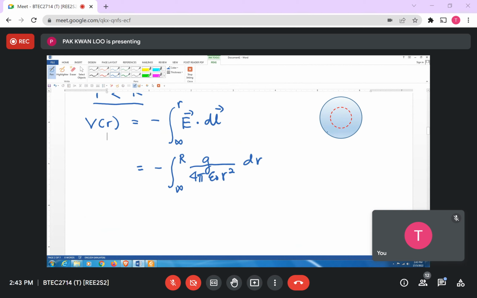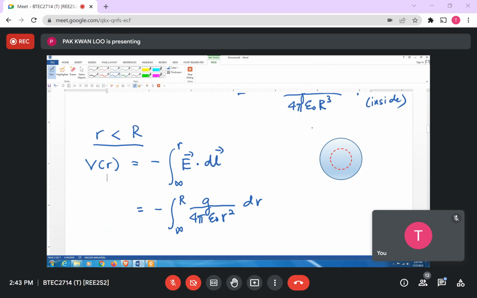So when it reaches the interface R of the sphere, the charge has to go in, right?